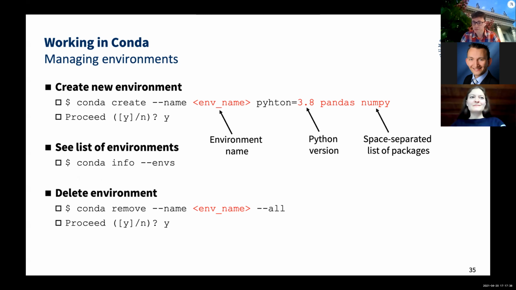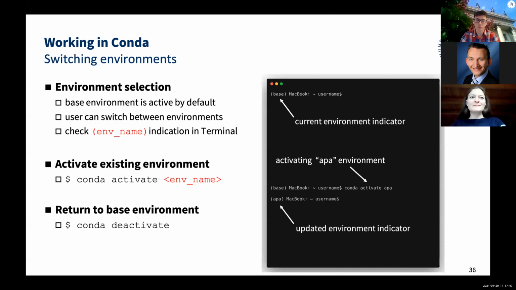Once you have created an environment, the important thing is to understand how to work in this environment. And to do that, you need to be able to select an environment and switch between them. Switching environments is done with a simple command, conda activate, and typing the name of the environment.